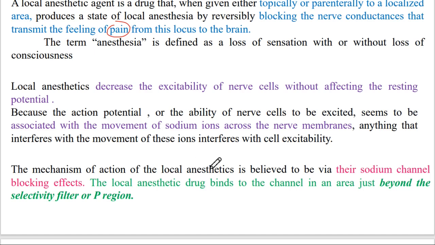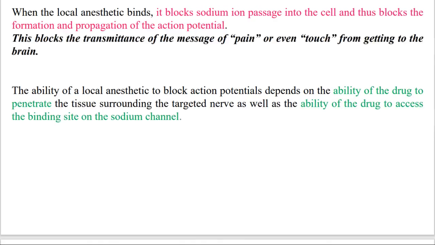The mechanism of action of local anesthetics is believed to be via sodium channel blocking effects. The local anesthetic drug binds to the channel in the area just beyond the selectivity filter, or P region. Due to this, the local anesthetic binds to the receptor and blocks the sodium ion passage into the cell, and blocks the formation and propagation of the action potential.